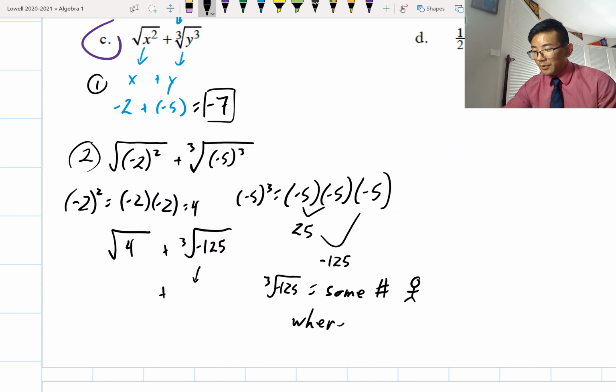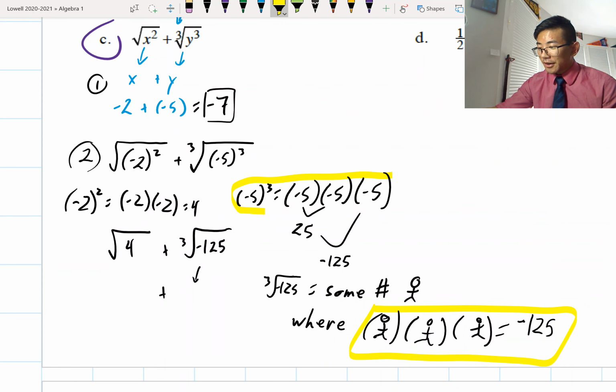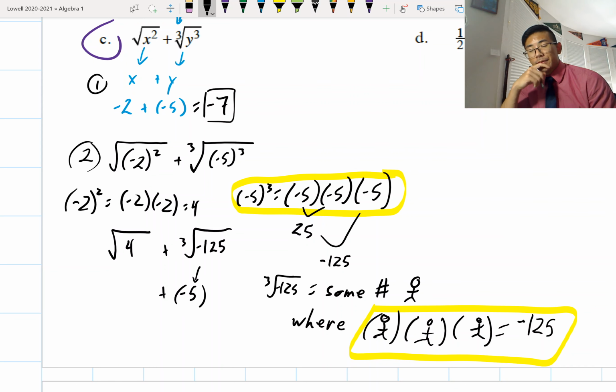And it's the magic number that if you take 3 of those stick people and multiply them together, we should get -125. What number is that? The thing is, we actually just did that. So the cube root of -125 is really just -5 there.